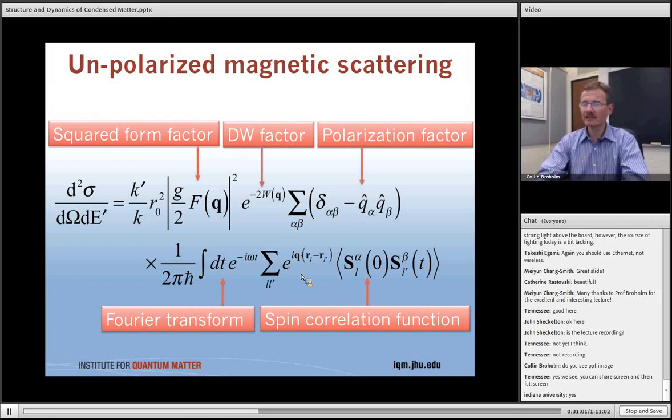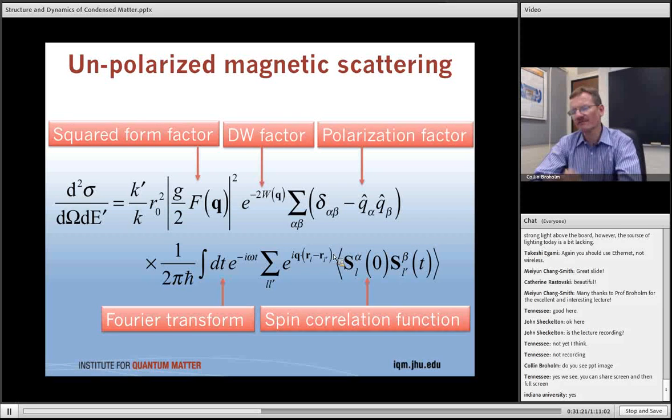I did include the Debye-Waller factor, but when I do my summation over positions in the lattice, I'm summing over the thermal equilibrium positions of those atoms. I'm not thinking about mixed magnetic and vibrational excitations. This is a way that we try to simplify matters.